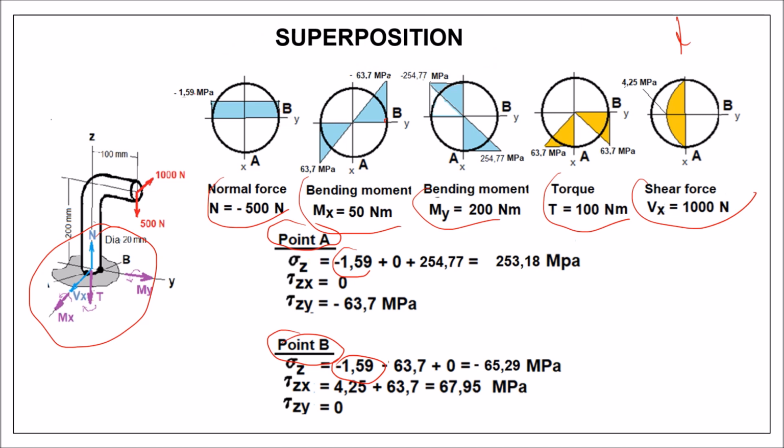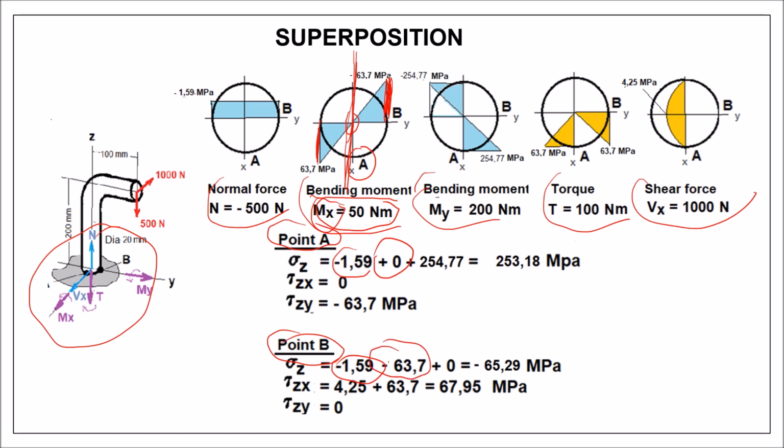So next, we go to bending moments. When you have a bending moment Mx around x, it will be 0 on the neutral axis, the stress maximum on both surfaces. So for point A, the bending stress caused by Mx is 0, and the bending stress in B is, as you see over here, minus 63.